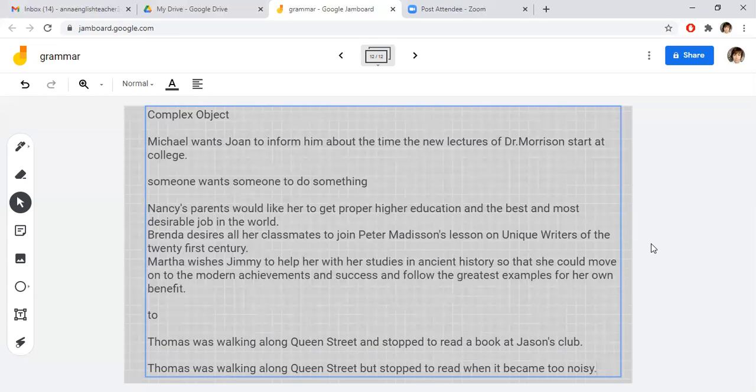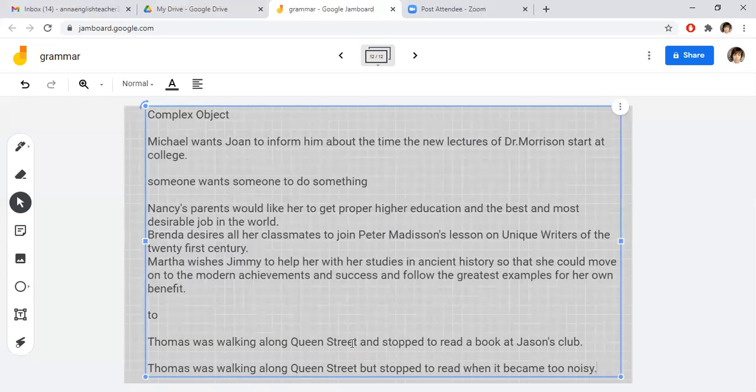So we are watching Thomas. We are observing what he does, what he is doing actually, and we see what's happening. So the man is walking along the street. Everything is understood. And then what happens?